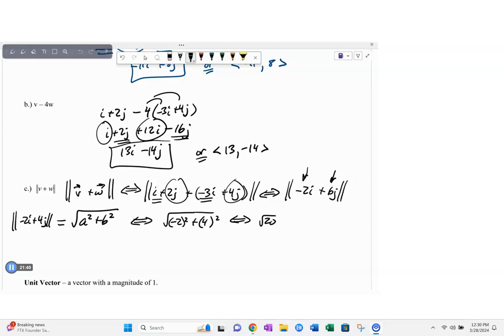Oh, I'm sorry, gosh, I just realized that is a 6 right there. I'm sorry, that was a 6. I got 36 plus 4. There we go. Square root of 40, which is what, 4 times 10, or 2 root 10. So it's like 6 point something, right? So the magnitude of vector v plus w is 6 point something, 2 root 10.